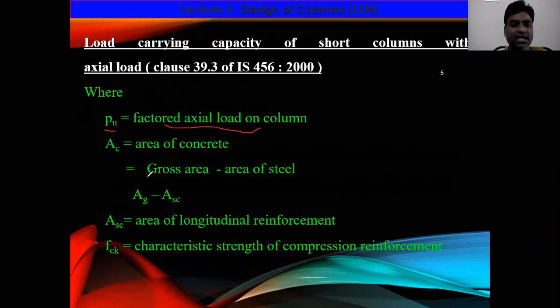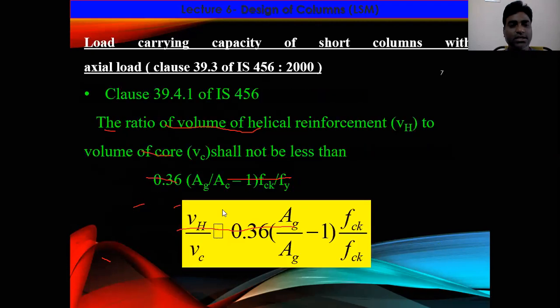Ac is the area of concrete, that means gross area minus area of steel, that is Ag minus Asc. And Asc is the area of longitudinal reinforcement. And fck is the characteristic compressive strength of concrete.